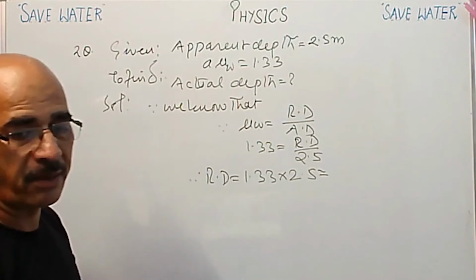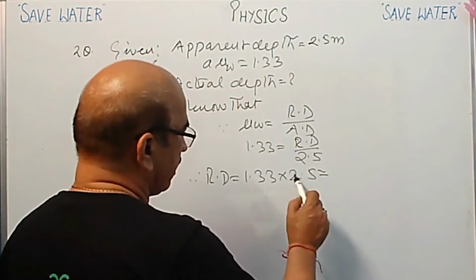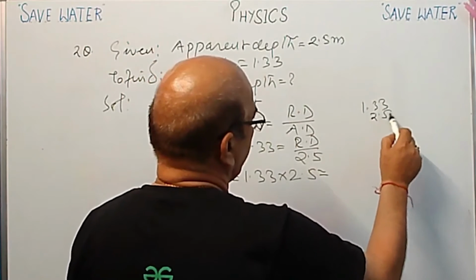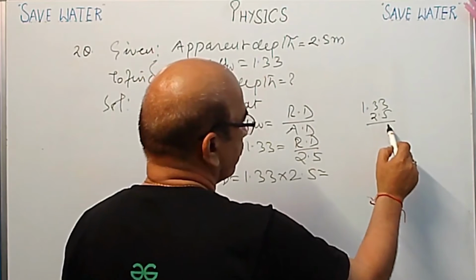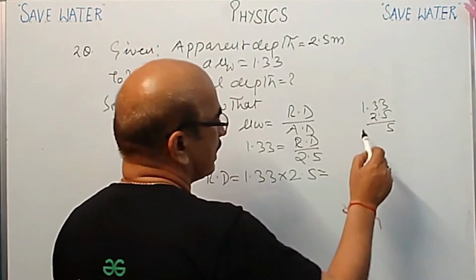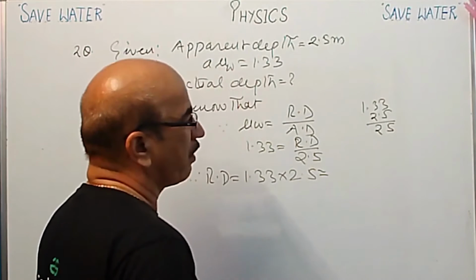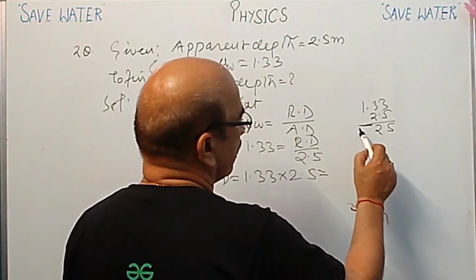Multiply this, and what do we get here? We will multiply 1.33 and 2.5. Okay, 25 3s are 75, 25 3s are 75 and 7 is 82, 25 1s are 25 and 8, 25 and 8, how much? 33.